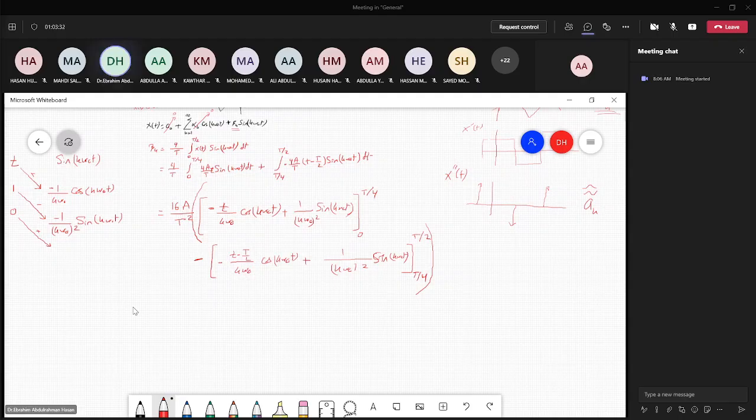Okay, if you continue here, you will get 8a divided by k pi all square sine pi over 2 k.